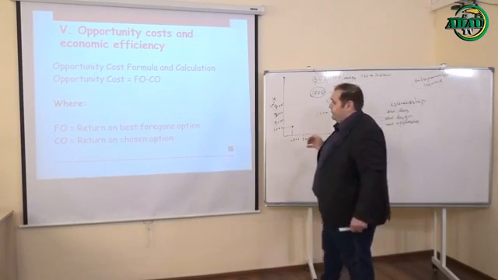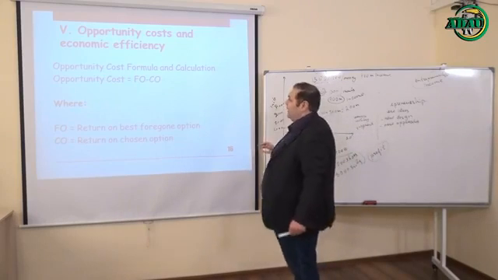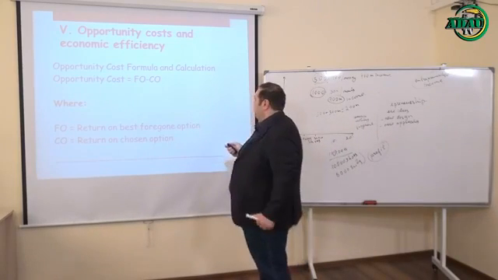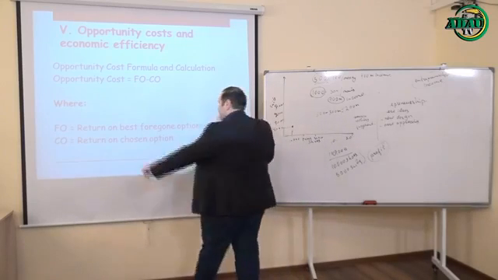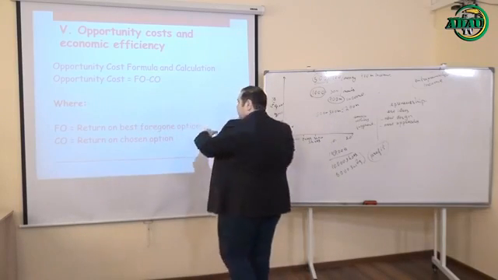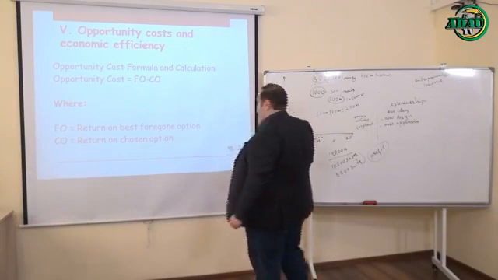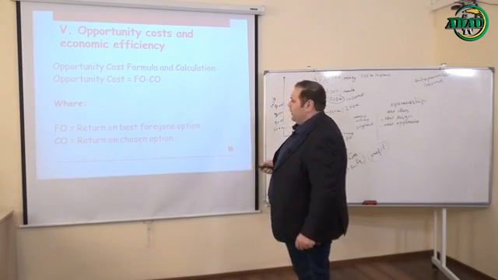Finally, what do we understand from these combinations? The opportunity cost formula, you can see here: return on best foregone option minus return on chosen option.